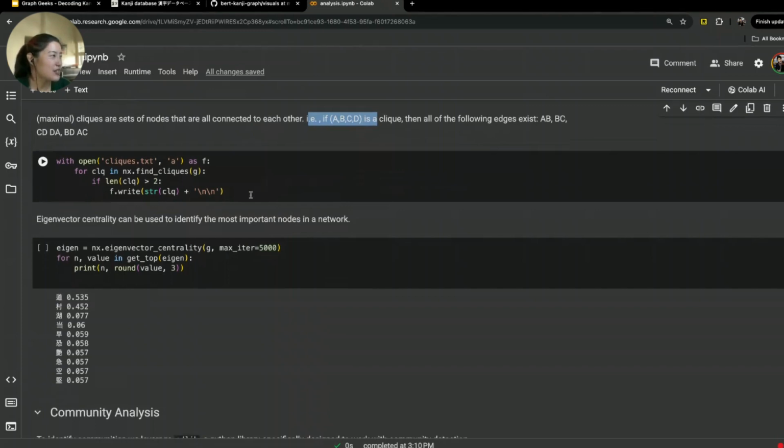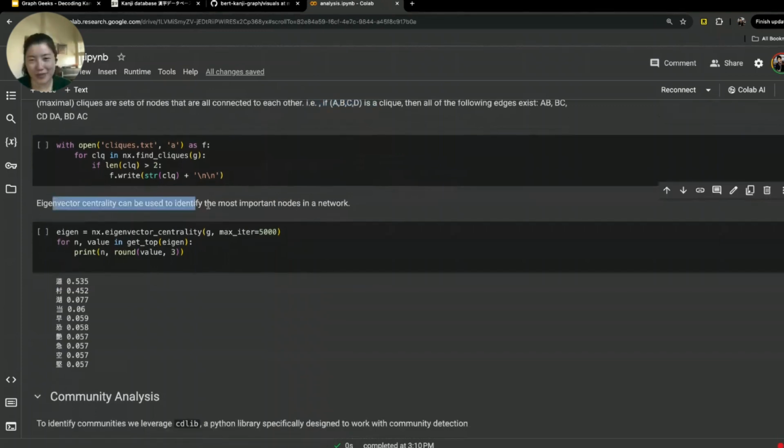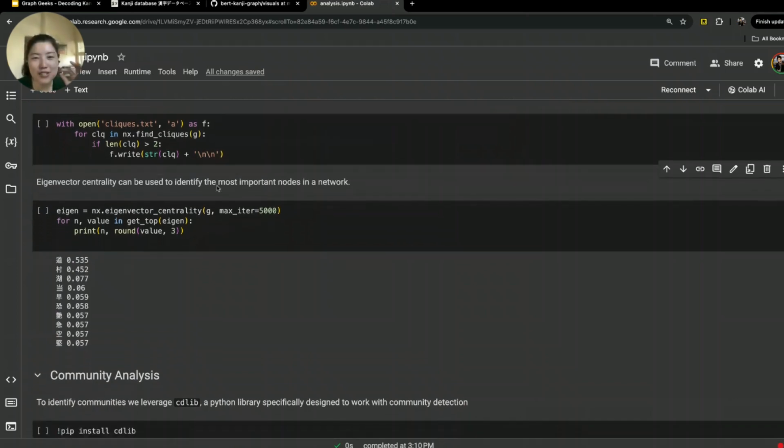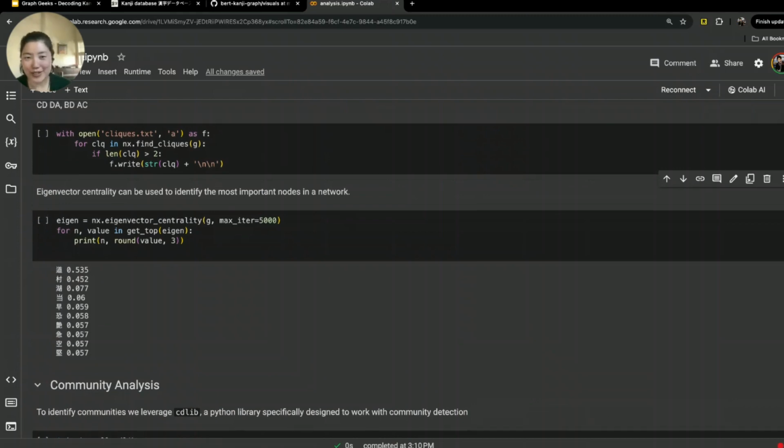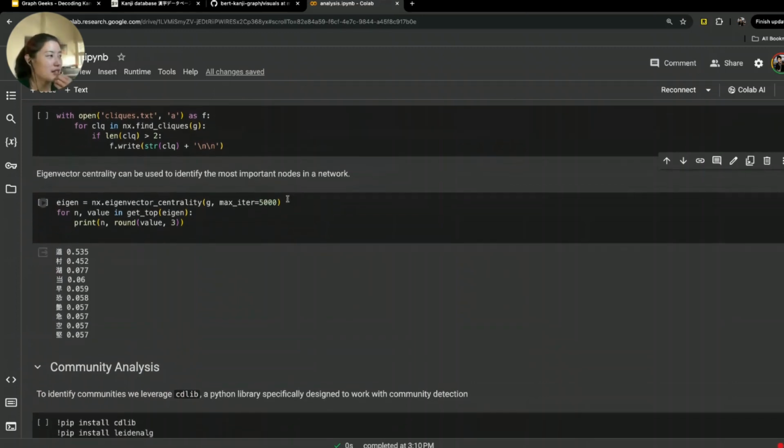Then, getting into centrality, I use eigenvector centrality. This is another way to look at, now that I have the different cliques, what are the most important nodes in the network. If you have a much larger graph like this, it can become computationally rather cumbersome, but in this particular project, it doesn't take too long to run any of these things.